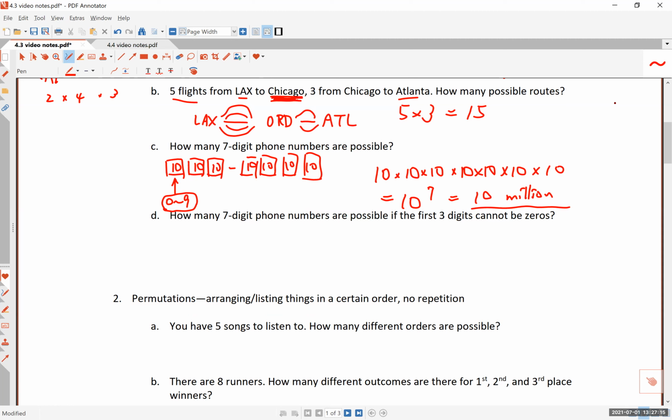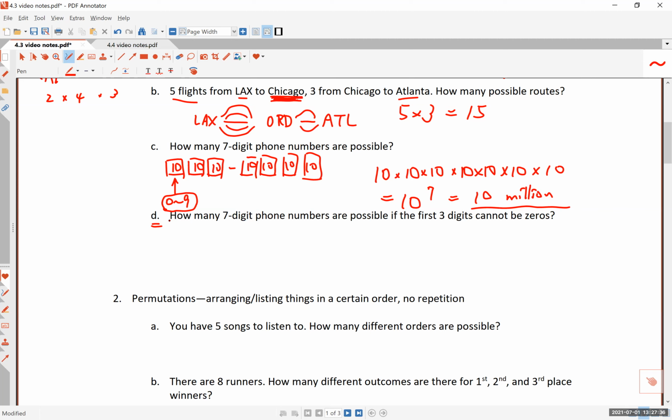So there are some numbers that they exclude. But if all possible choices are allowed, then you would say you have 10 million choices to choose from.